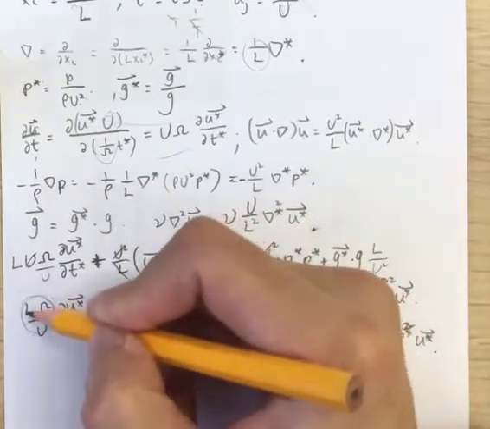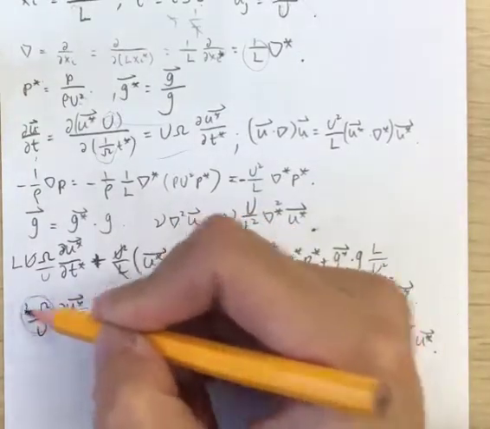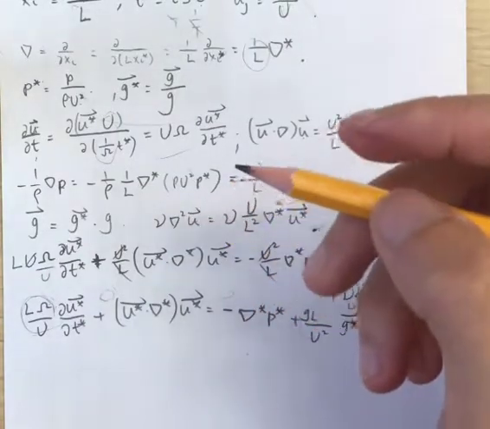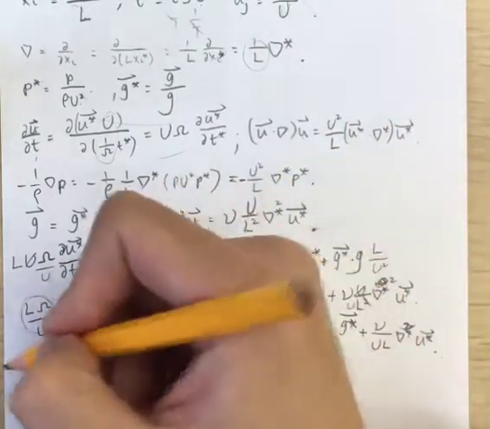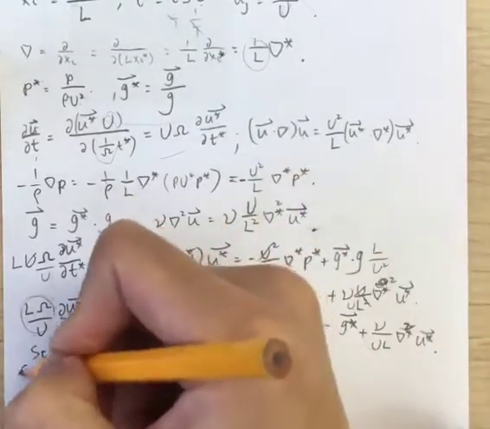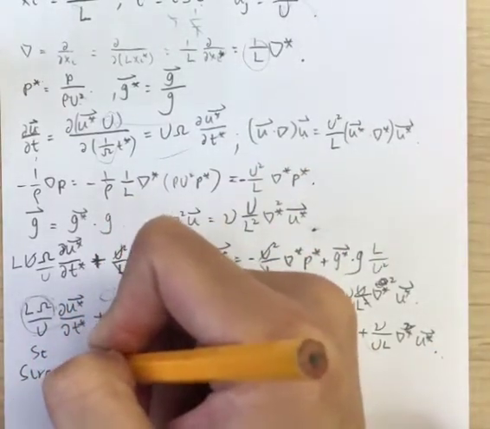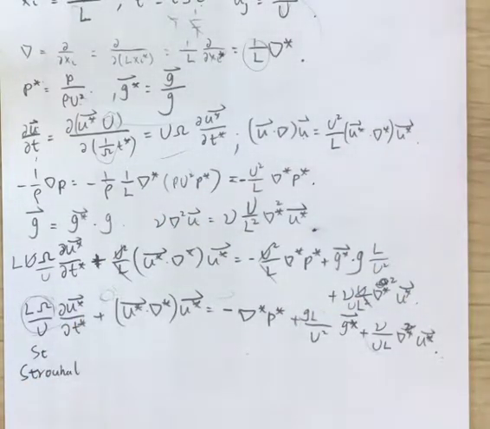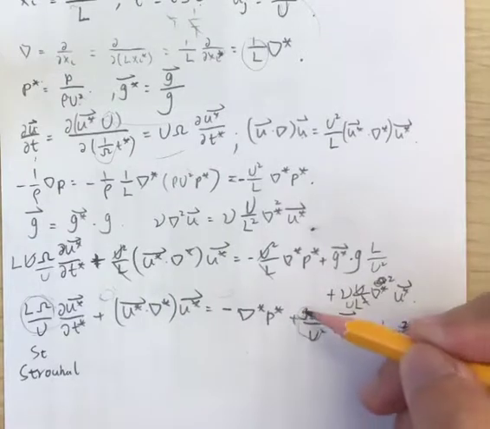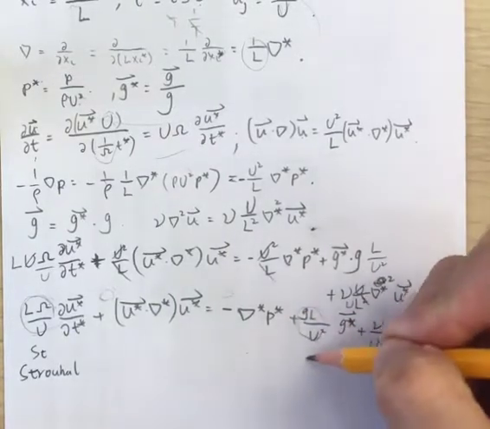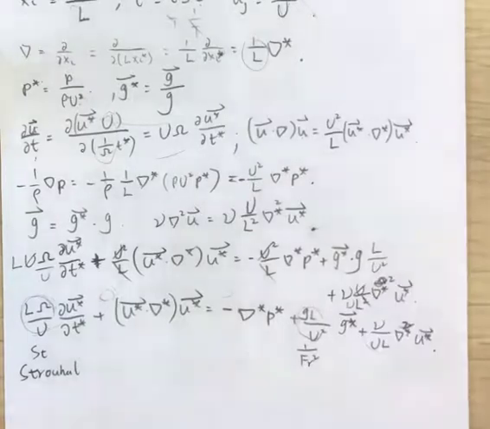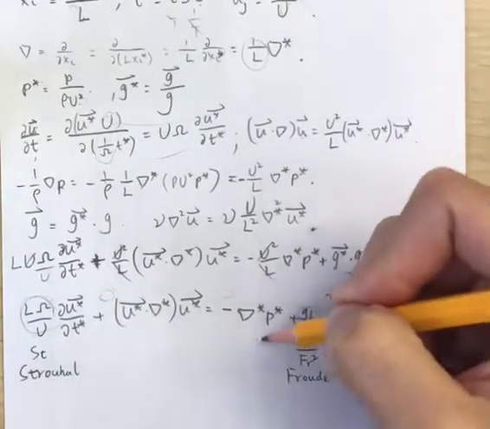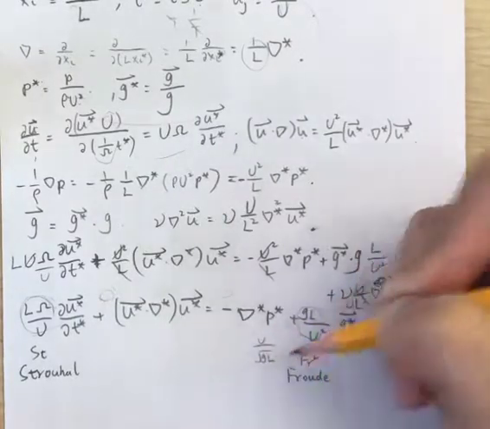Say this thing, L times the frequency, length times frequency over the velocity. This thing is called the Strouhal number. It's a famous non-dimensional number in fluid mechanics. And here, GL over U squared. This thing is 1 over Froude number squared. Froude number is just U over square root GL.